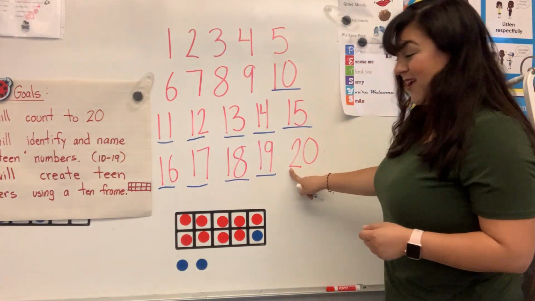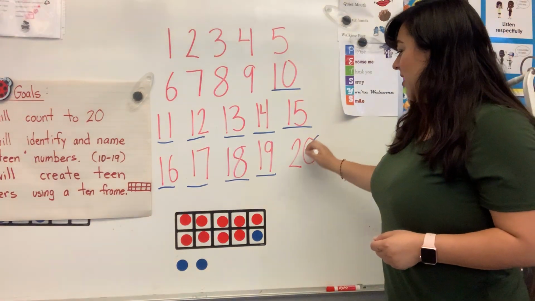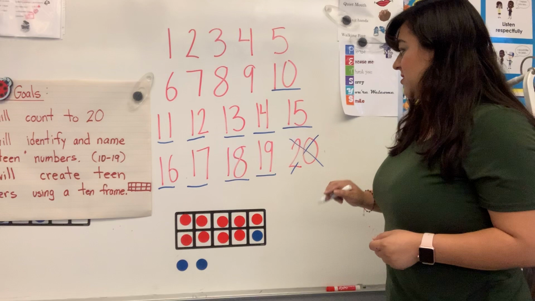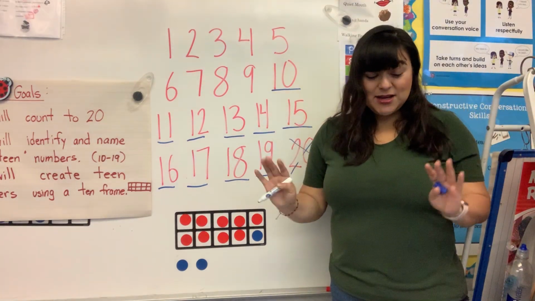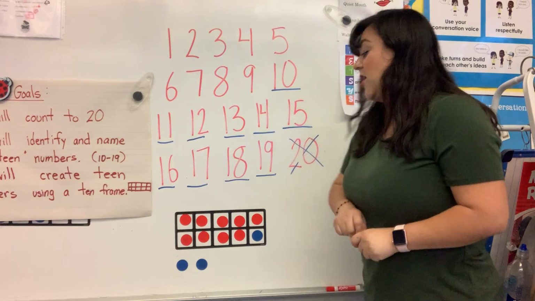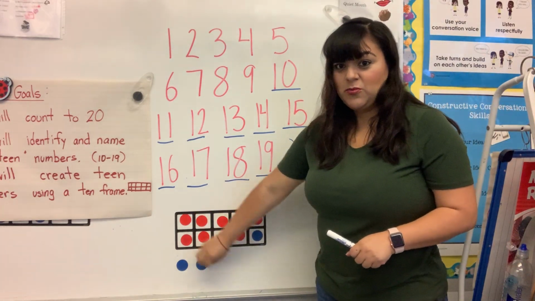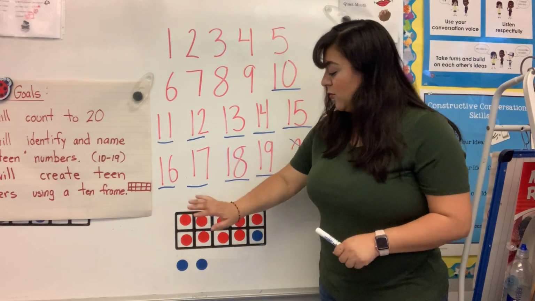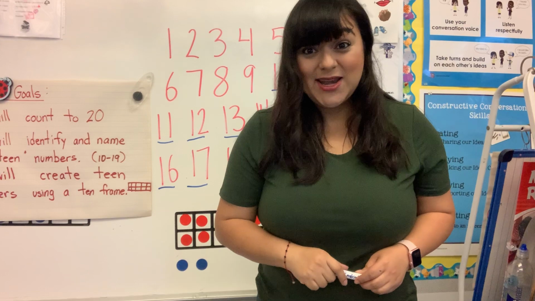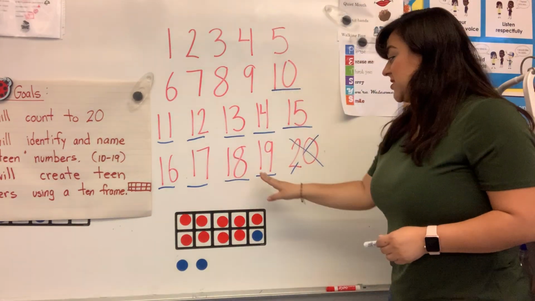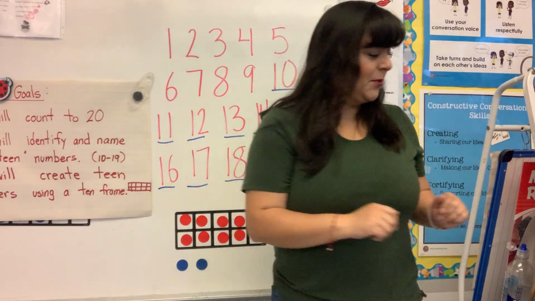Is it made of 1 10? No, it's not. It has 2 10s. So the 20 is not included in our teen numbers that we're going to practice today. All the numbers today have one group of 10 and 0 more, one group of 10 and 1 more, one group of 10 and 2 more, and so on all the way till we get to number 19, which has 10 and 9 more.